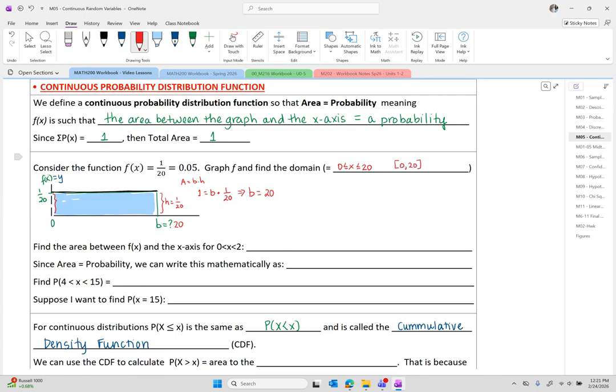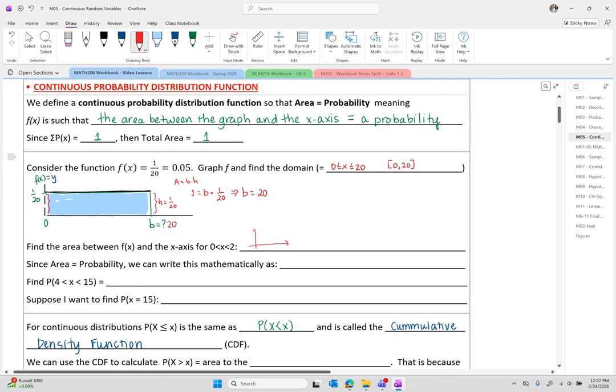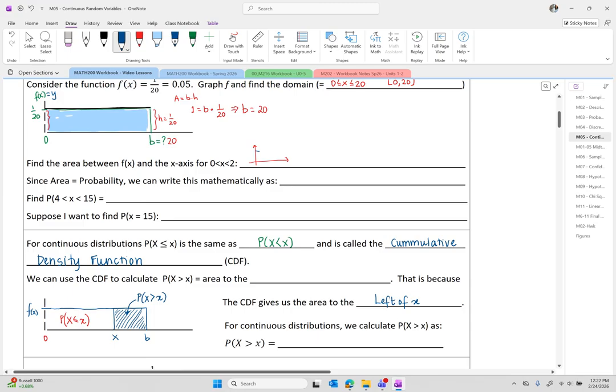So if they are asking us to find the area between f of x and the x-axis from 0 to 2, then, if this is the axis and this is the graph of the function, at 1 over 20, and we have a base that starts at 0 and ends at 2, they are just asking us to find this area.